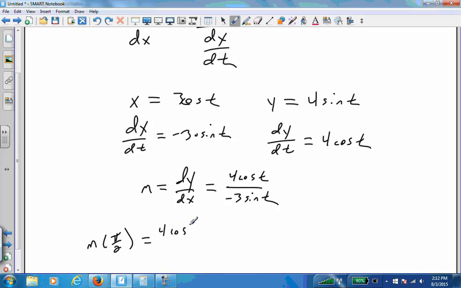If I do cosine of pi halves over negative 3 sine of pi halves, what's cosine at 90? 0. Sine of 90 is 1. 0 over negative 3 is 0, which is what we suspected. We suspected that up there at the top, we had a horizontal tangent line.